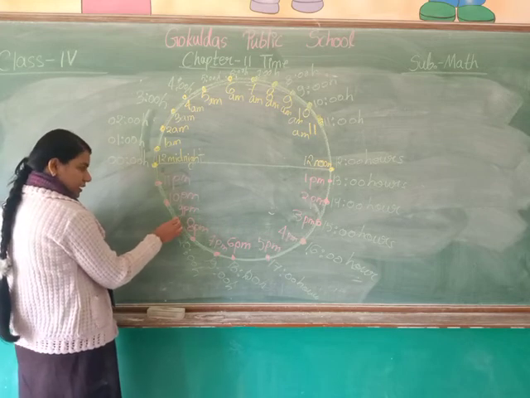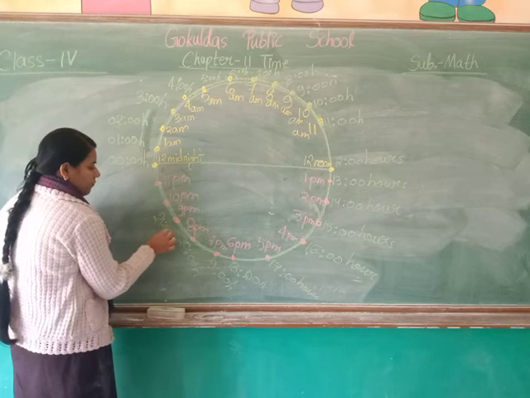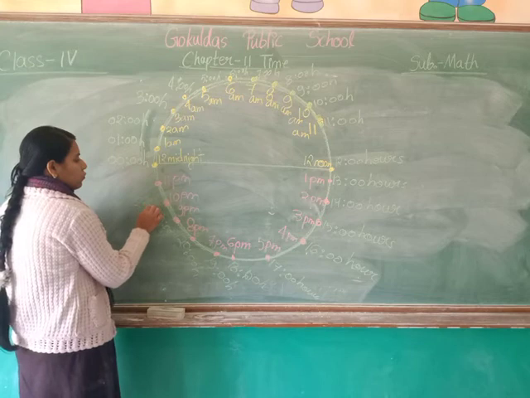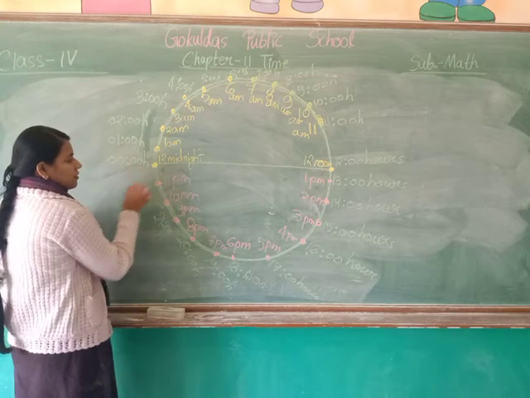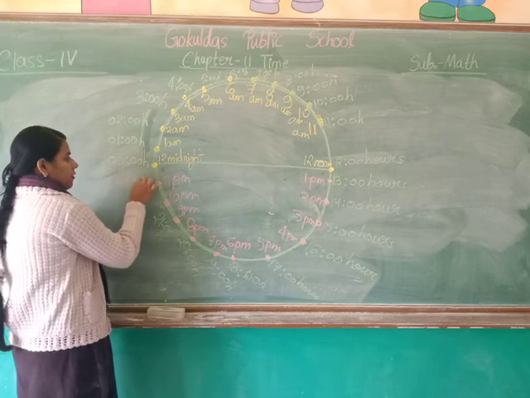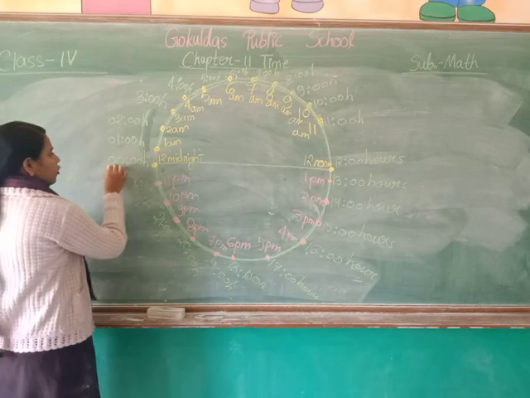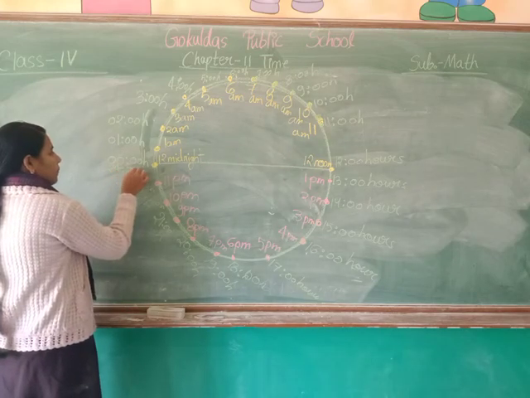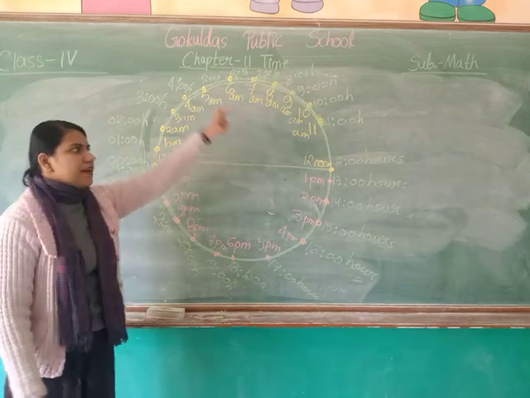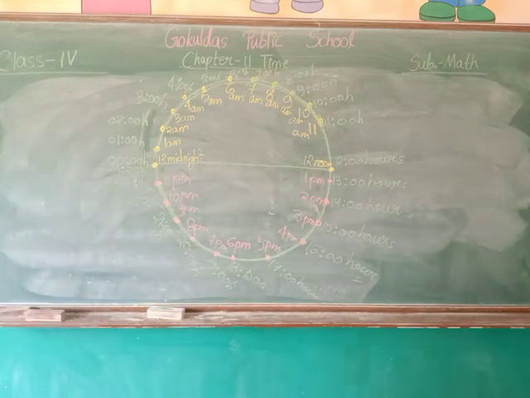The time 9 PM means 21 hours. The time 10 PM means 22 hours. The time 11 PM means 23 hours. And the time 12 midnight is 24 hours. So see, we started from 12 midnight and again our day completed at 12 midnight. So these are the timings.